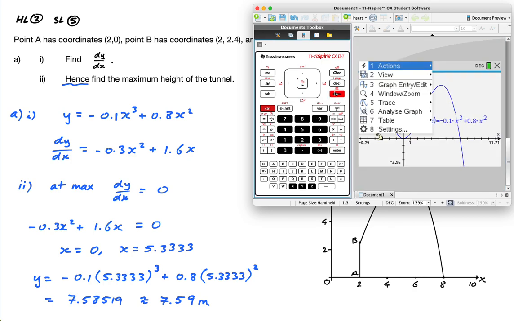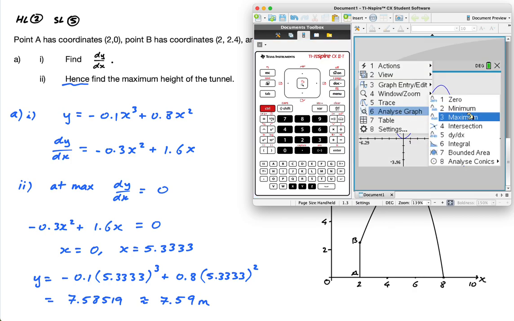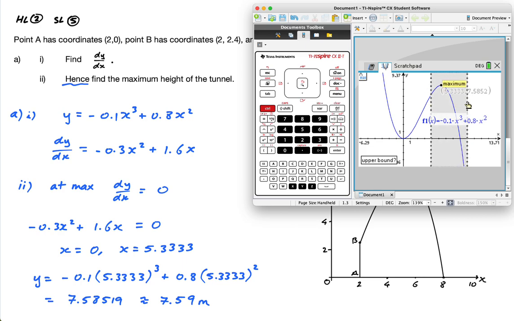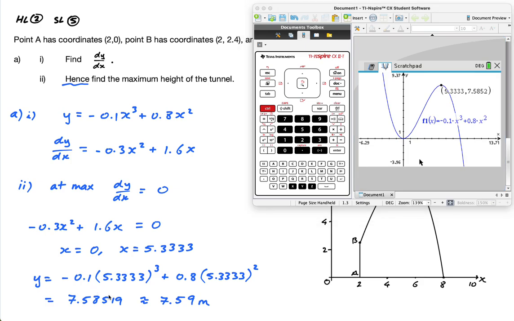Find the maximum, analyze graph, maximum, lower bound, upper bound. It's at 5.3333, which I expected, and the answer is 7.5852, which rounds to 7.59, so all good. Okay, that's part A. I'll do part B in the next video.